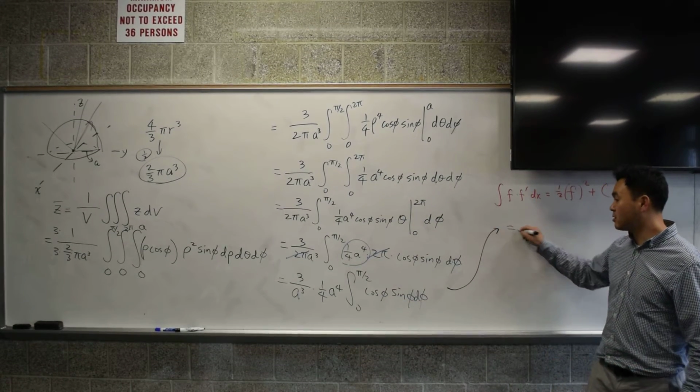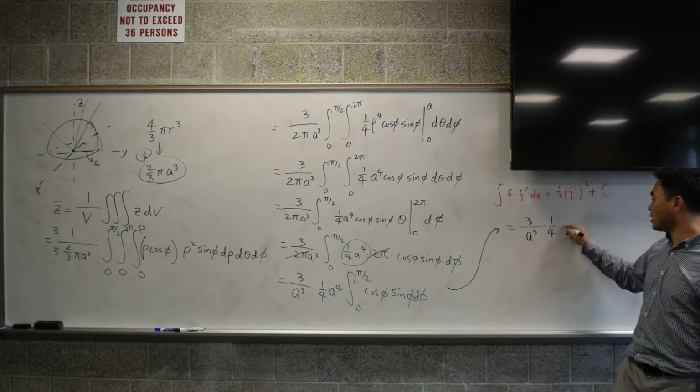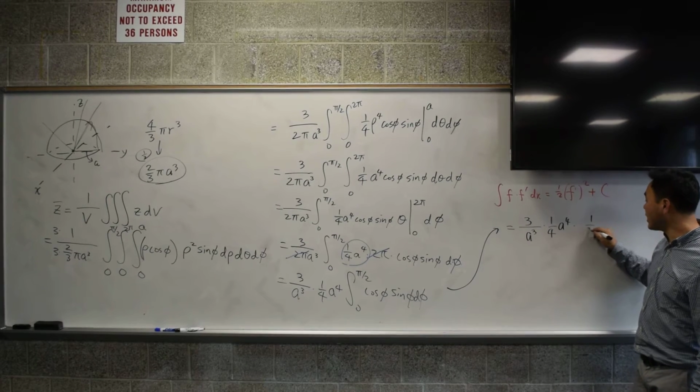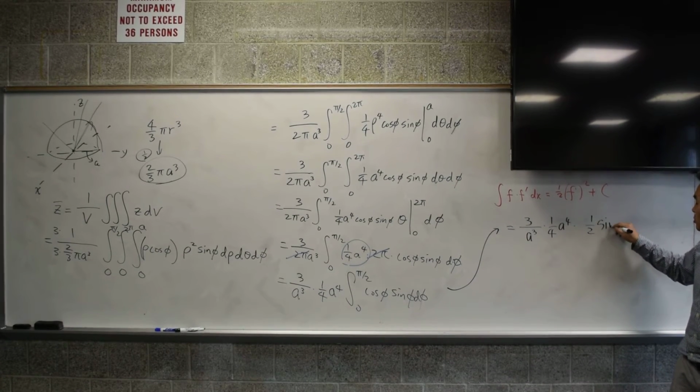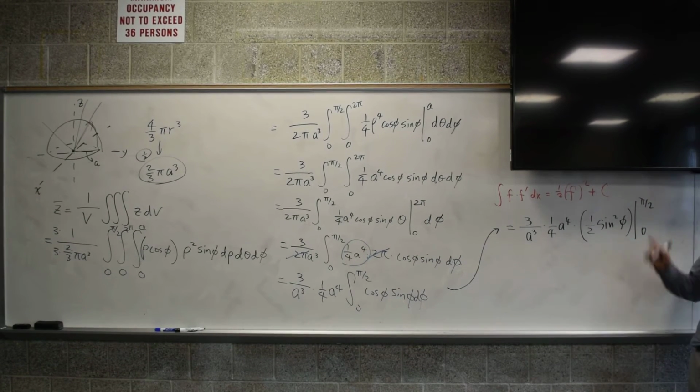We're going to get 3 over a cubed times 1/4 a to the 4th times 1/2 sine squared of phi, and you're plugging in pi over 2 and 0. What do you get if you plug in pi over 2 to sine? What's sine of pi over 2? 1. It's positive 1, and if you plug in 0, you get 0.